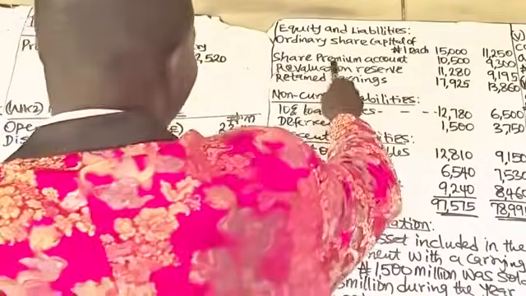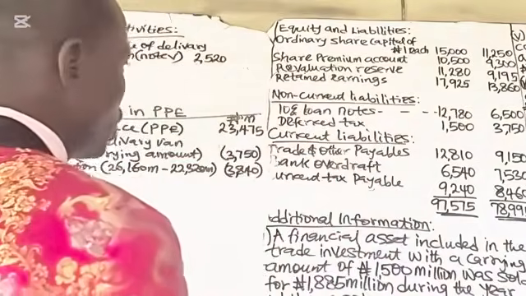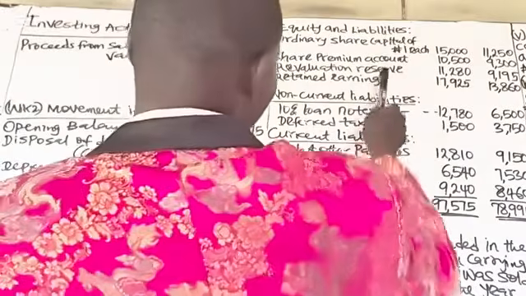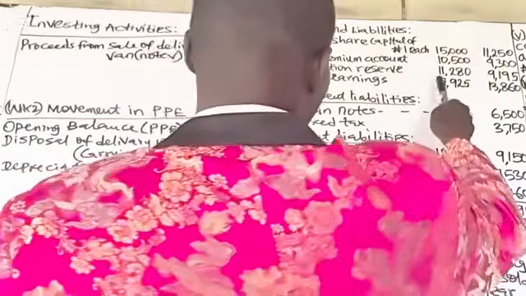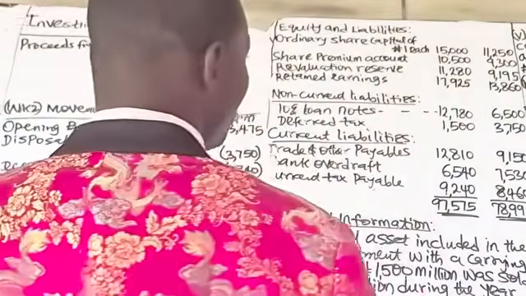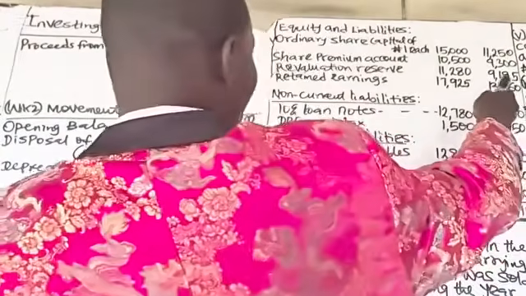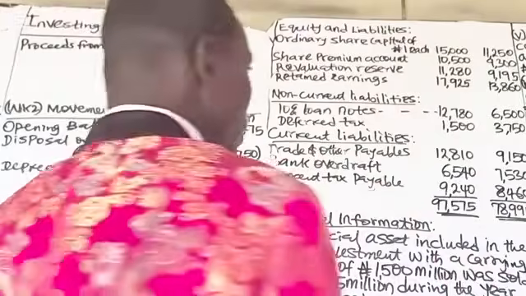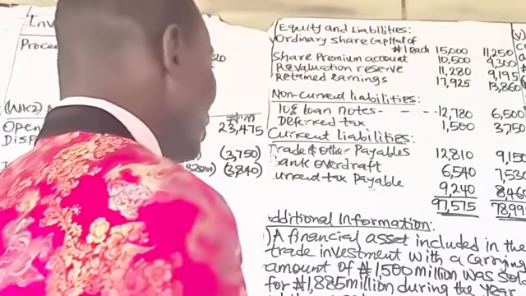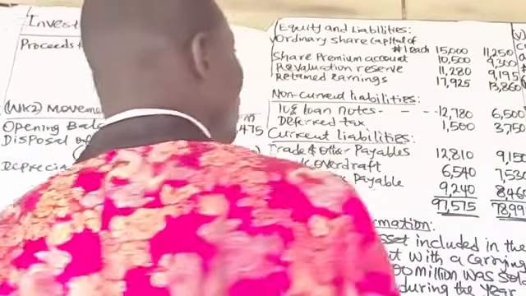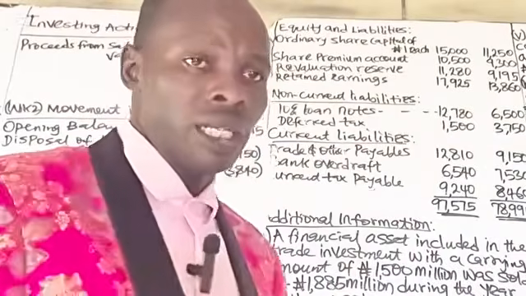Under the equity section of the statement of financial position, you have revaluation reserve. 11,280 as the closing balance and 9,195 as the opening balance. So that means there is an increase in revaluation. That increase in revaluation is the revaluation which occurred during the year.